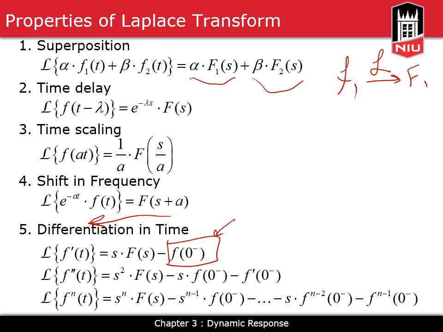So we have the initial values of f and its first n minus 1 order derivatives. If all of those are 0, that Laplace transform is simply s to the power of n times F(s). If non-zero, you have to take those into account. Most of the time we'll be only using the first one and sometimes the second order derivative.